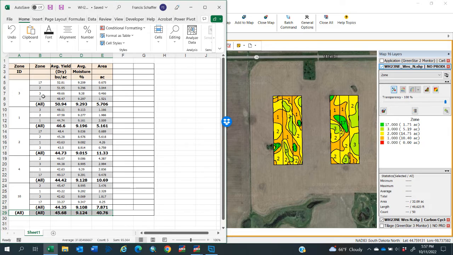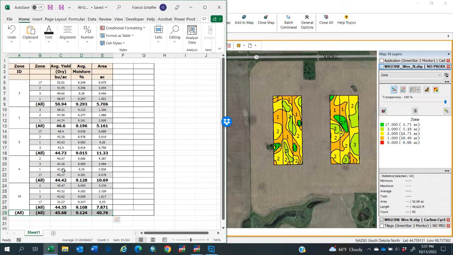Carbon cycle, soil type 3 is 49.7. Here, no carbon cycle, soil type 3 is 44.4. And then zone 1, carbon cycle, is 48.5. And non-carbon cycle is 42.6.